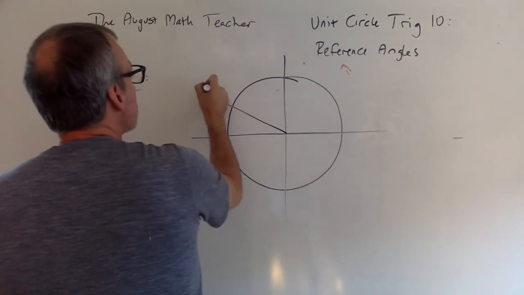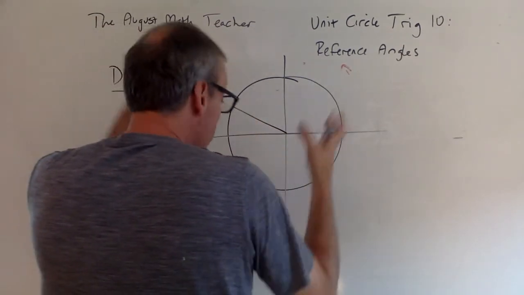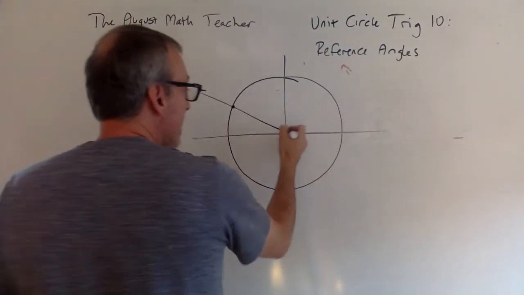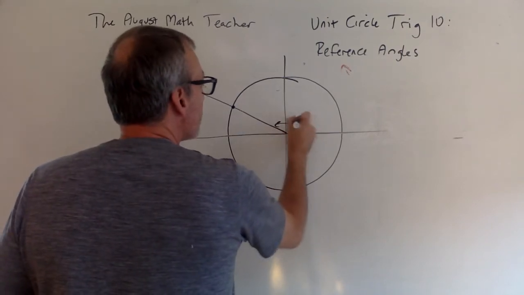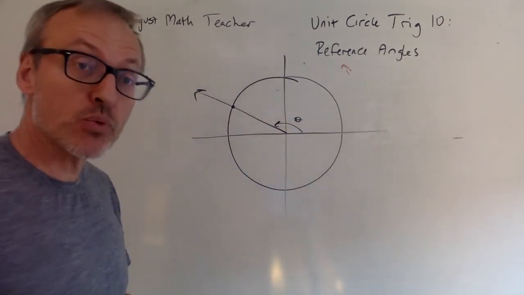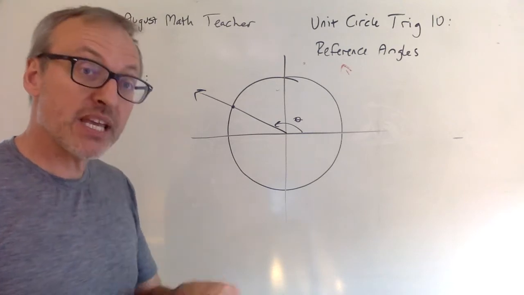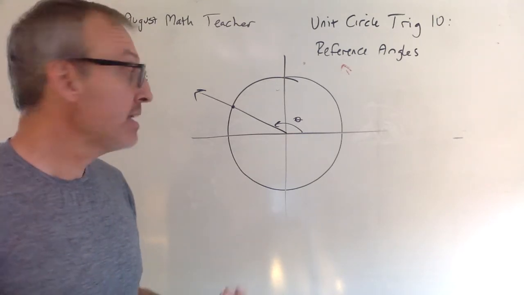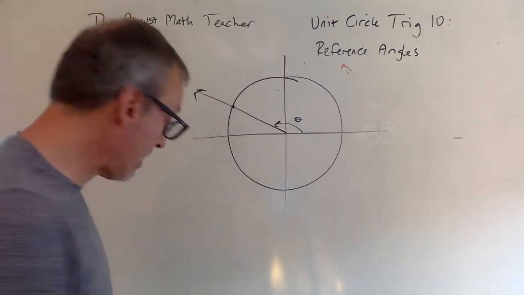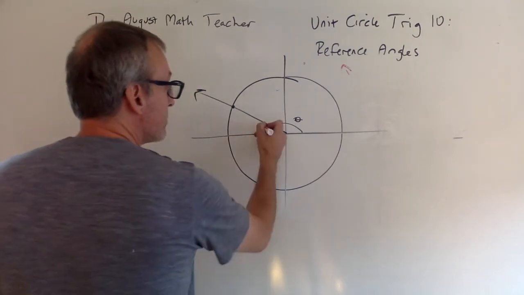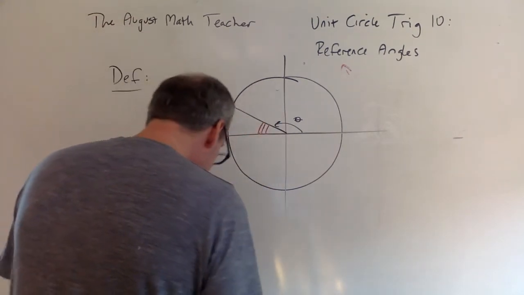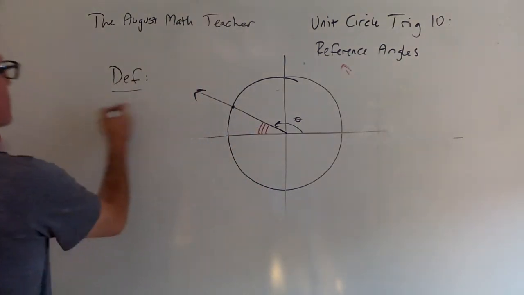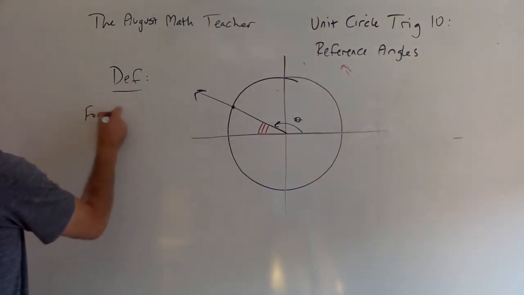I'm not going to make it in the first quadrant. It can be in the second. It could be anywhere. But for any angle that you have, we're going to define the reference angle to be the acute angle, the one that's less than 90, that this terminal ray makes with the x-axis. That angle.